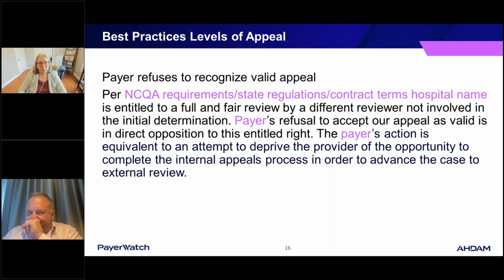So if you're running into an ongoing, recurring problem with a particular payer, and you feel there's evidence for not reading the denials, they're making incorrect decisions, etc., then filing a complaint with NCQA that they're not completing a full and fair review is appropriate. My experience, my advice, is to bundle at least 5, if not 10, similarly situated claims together.